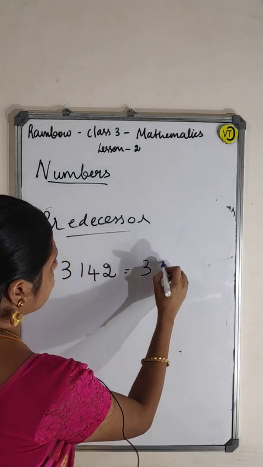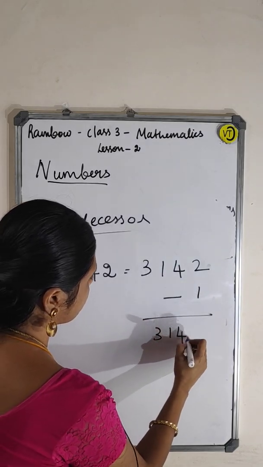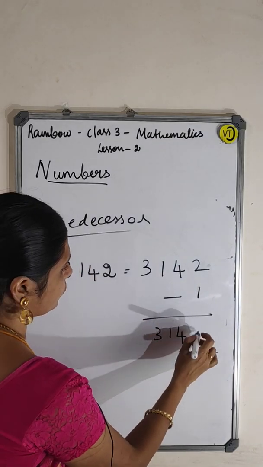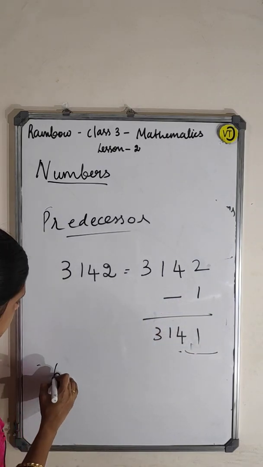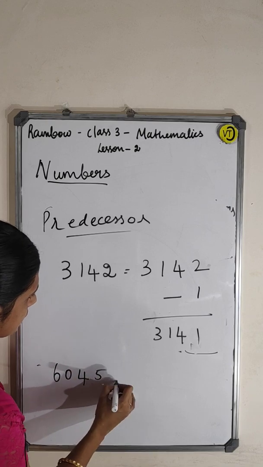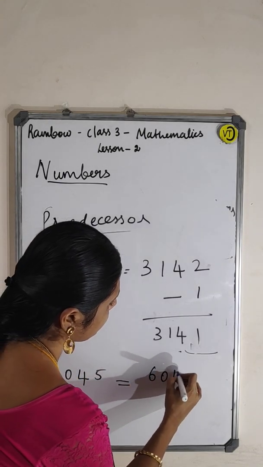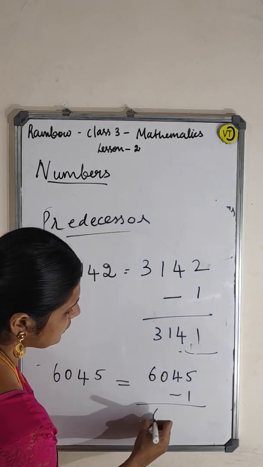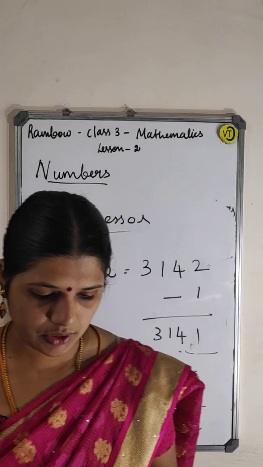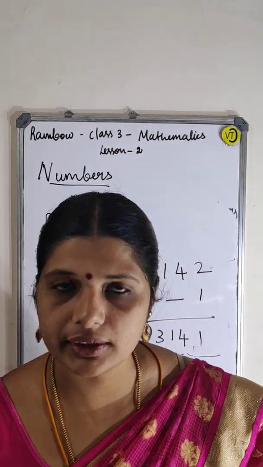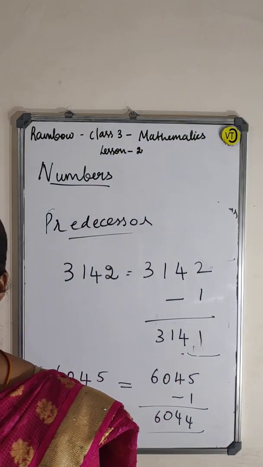So 3142 subtracted by 1 is 3141, your answer. 2 minus 1 is 1. The next number is 6045. The predecessor of 6045 is 6045 subtracted by 1. 6044 is your answer. So this way you can find the predecessor and the successor in 4-digit numbers.